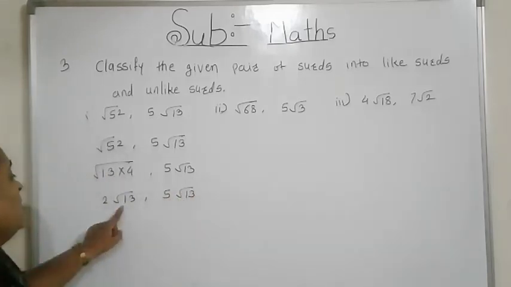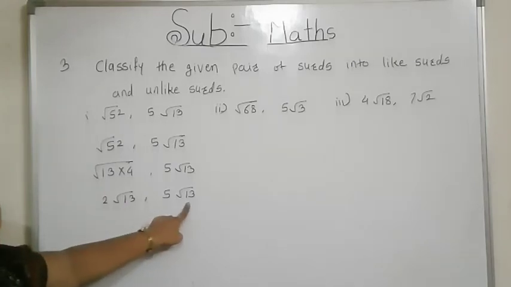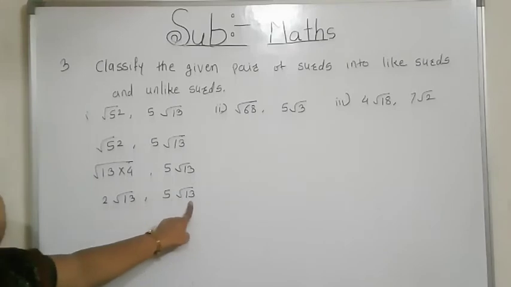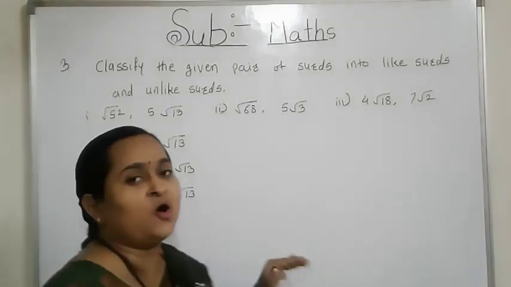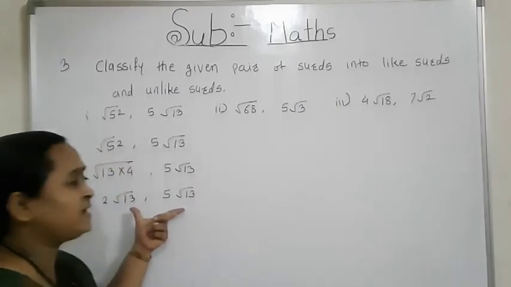Now see here, the order of the surd for this example is 2 and for this number also the order is 2. The radicand here is 13 and the radicand here is also 13. Means radicands are same and order of the surd is also same. Therefore these two are like surds.